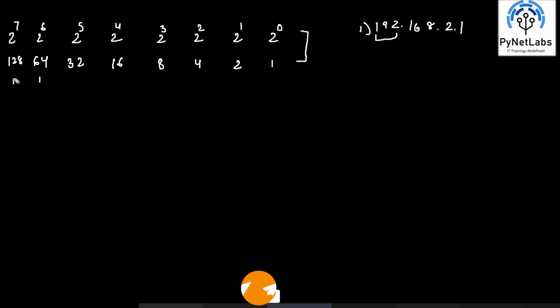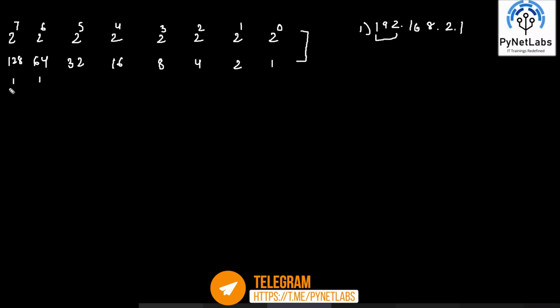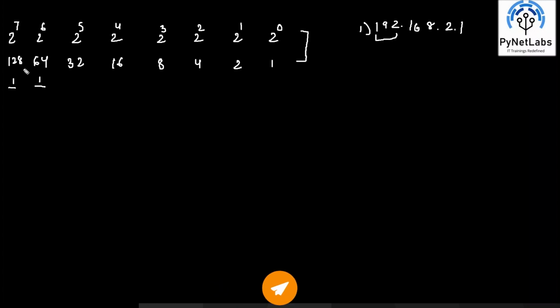So I have written 1 and 1 here, where 1 represents an on bit. As we discussed, there are 8 bits. We are just turning the first and second bit on, and the rest of them will be 0. When you add these two, you get 192.